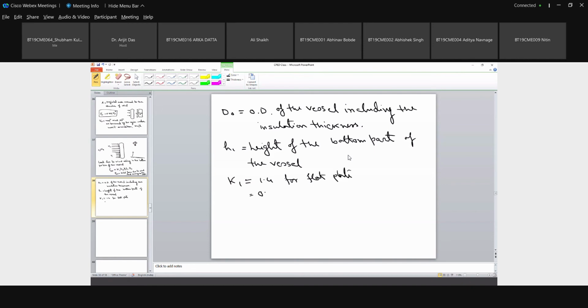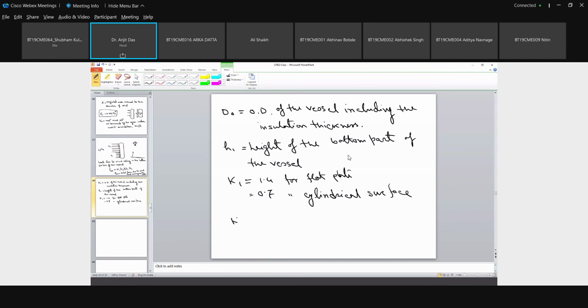Its value is 0.7 for a cylindrical surface. So for a tall tower, a cylindrical surface, it is 0.7.